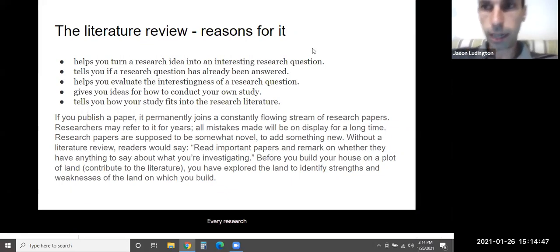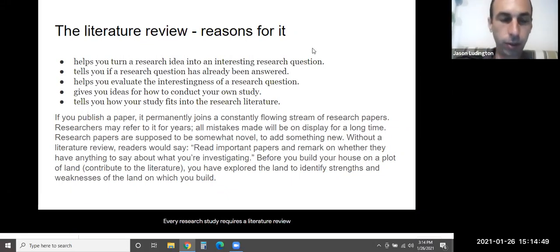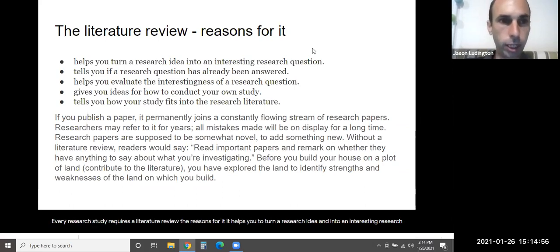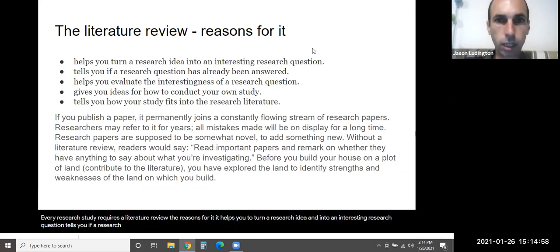Every research study requires a literature review. The reasons for it: it helps you to turn a research idea into an interesting research question, tells you if a research question has already been answered, helps you evaluate the interestingness of a research question, gives you an idea of how to conduct your study, and tells you how your study fits into the research literature.